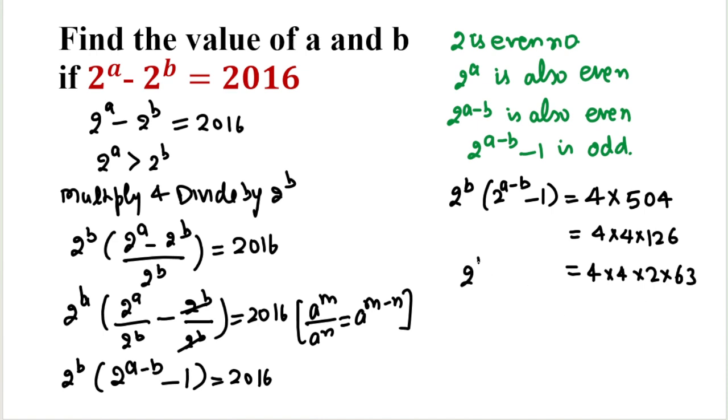And on the left hand side we have 2 power b and 2 power a minus b minus 1.